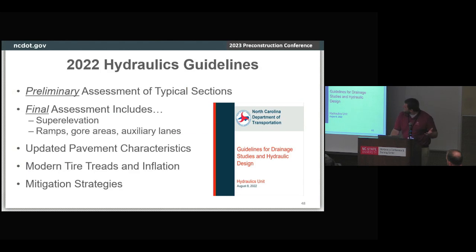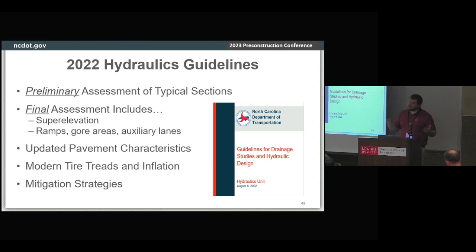So in our 2022 hydraulic guidelines, we lay out when you need to do a hydroplaning assessment. We cover basically that you need to do a preliminary assessment of your typical sections. This helps roadway decide what typical section to use on major limited access facilities in the planning stages, so that they're not having to rework the typical later.